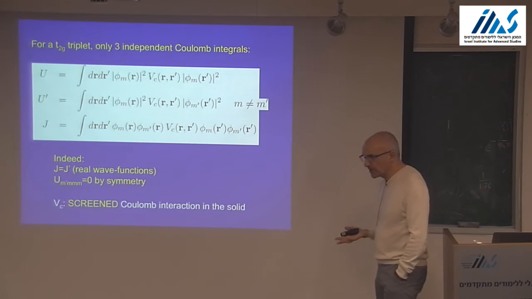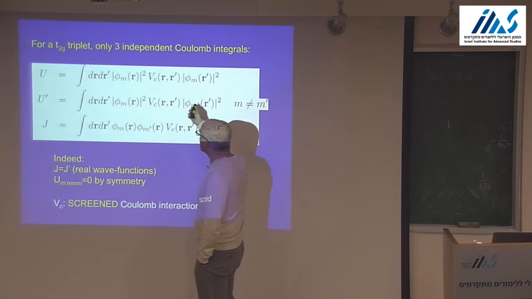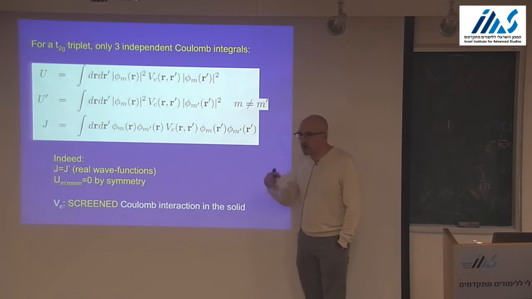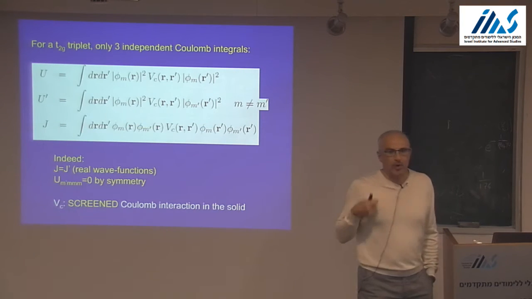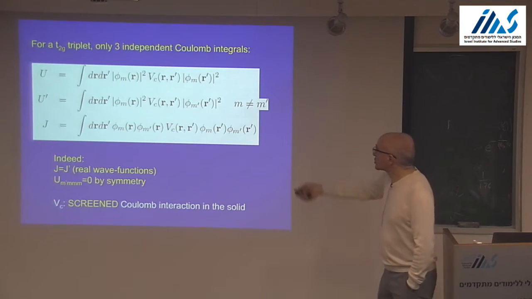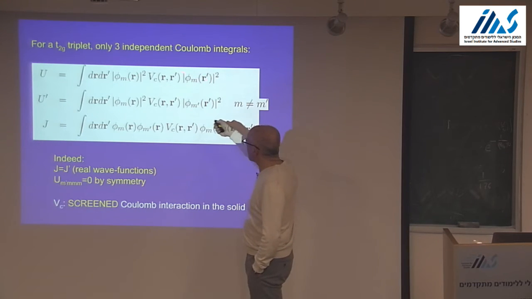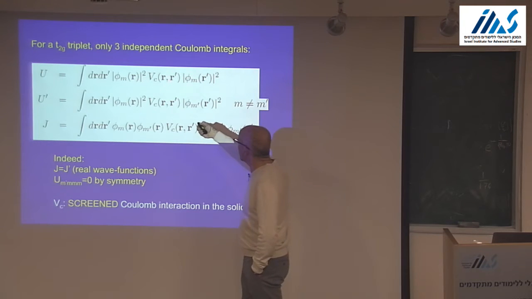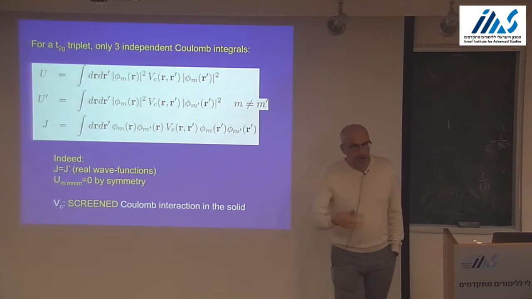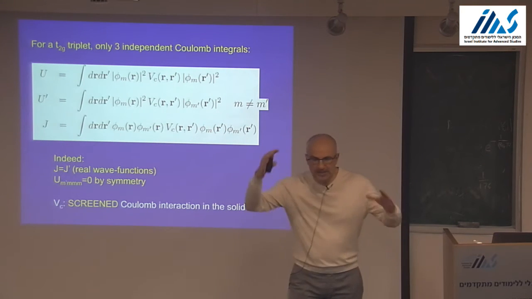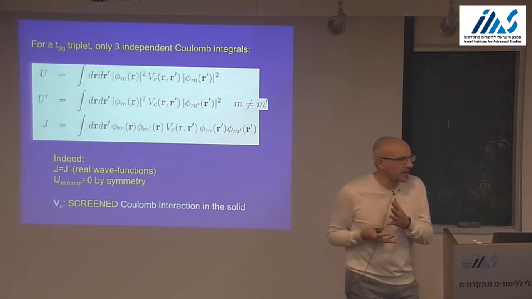And you can see that there are only 3 coupling constants. So there is the Hubbard U. What is the Hubbard U? It's basically the energy you have to pay to put 2 electrons with antiparallel spin in the same orbital, let's say xy. So it will be the matrix element, in the same orbital, of some Coulomb interaction, which to be anywhere close to reasonable for an effective t2g low energy model, should be a screened Coulomb interaction.